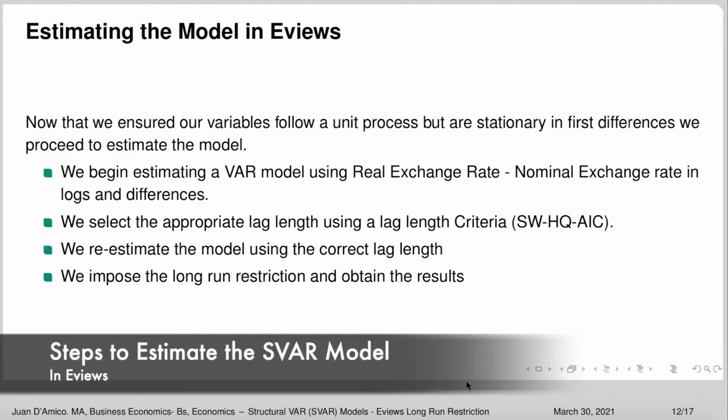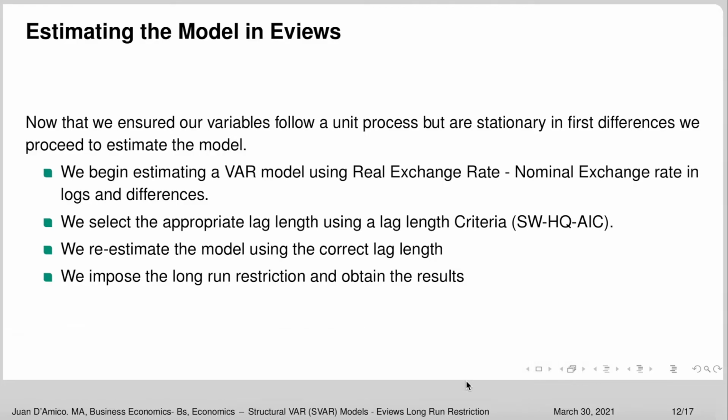It's now time to estimate our VAR model in EViews. Now that we have ensured that our variables follow a unit root process, but are stationary in first differences, we proceed to estimate the model. We're going to estimate the VAR model using the real exchange rate and the nominal exchange rate in logs and differences. We will then select the appropriate lag length using a lag length criteria.